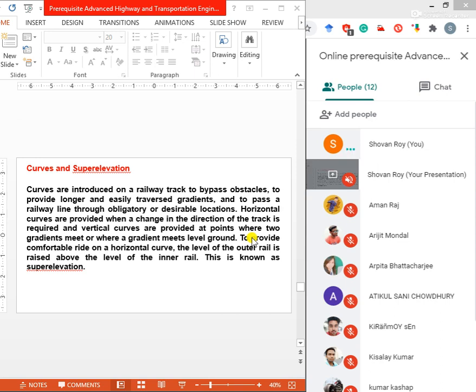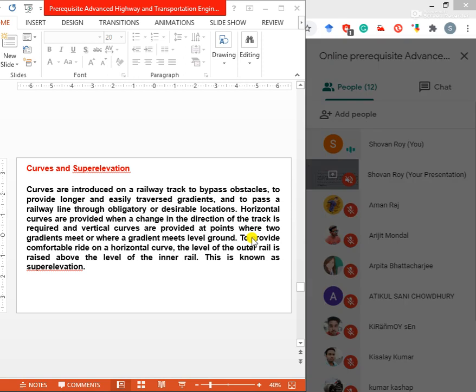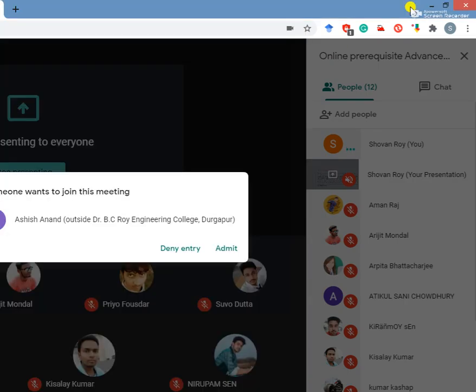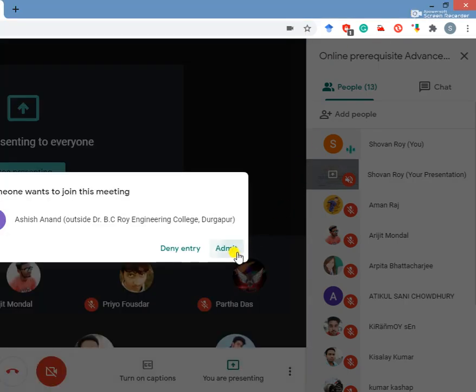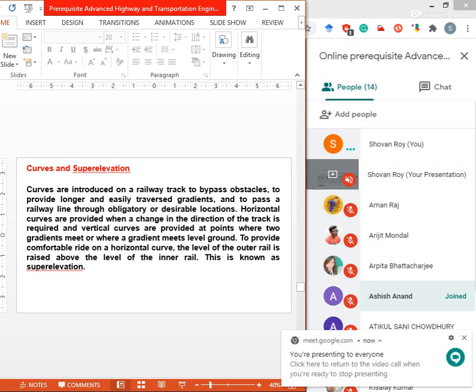So normally, in geometric design study for railway, there are lots of things which are involved with geometric design. Like in the earlier class, we have seen the gradients.